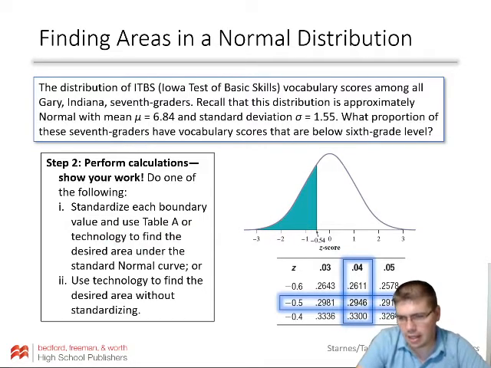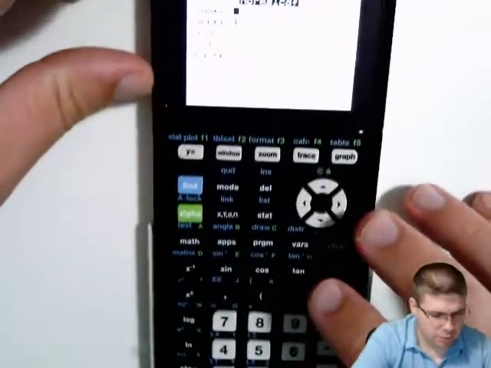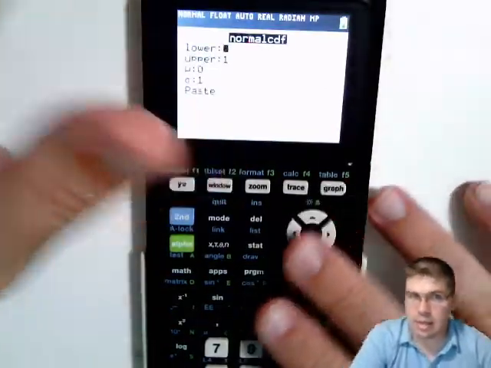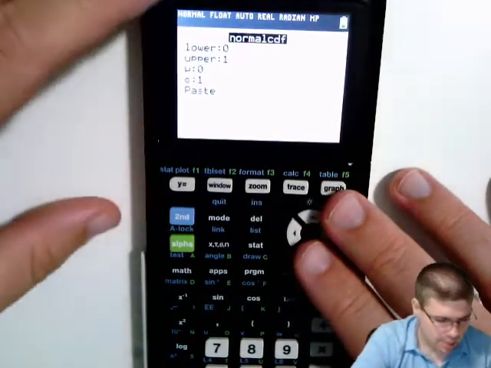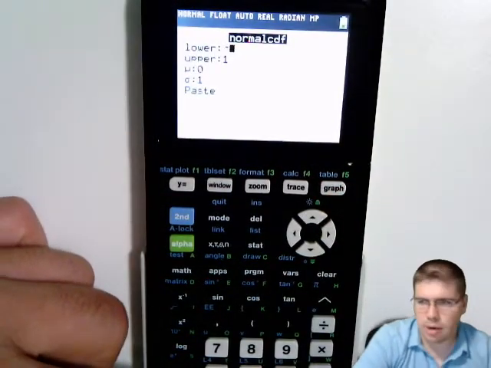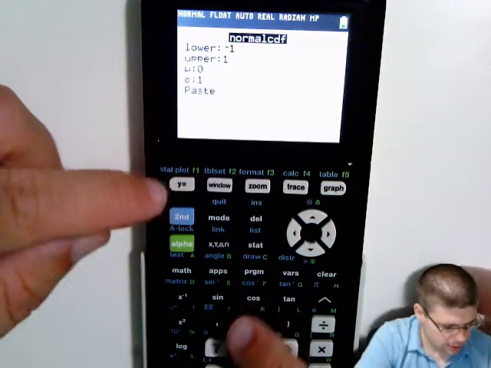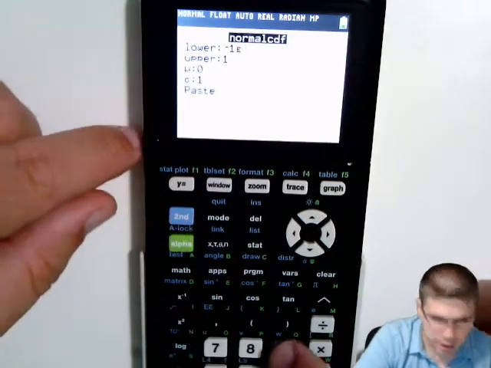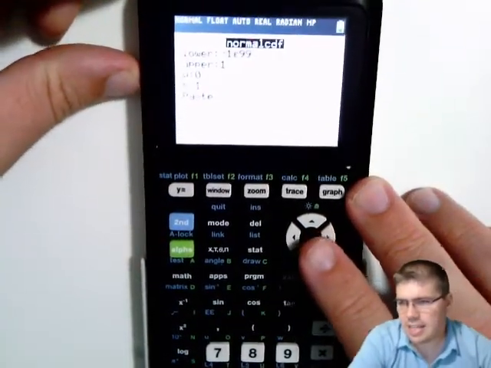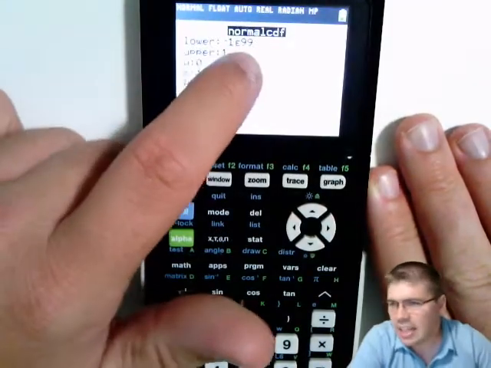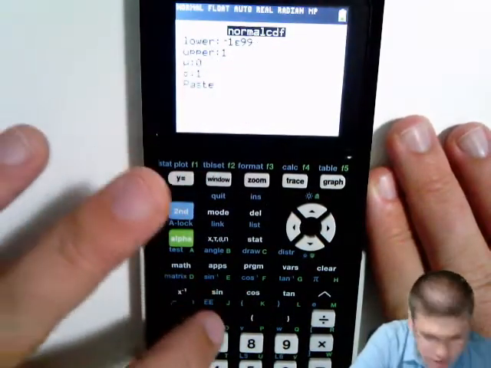My calculator can't handle negative infinity though, so you do have to give it a value. You could choose anything that's negative and extreme. The actual lowest number our calculator can handle, at least what I've been told, maybe you can play around with it and see if that's true, is -1 E99. This E is scientific notation.